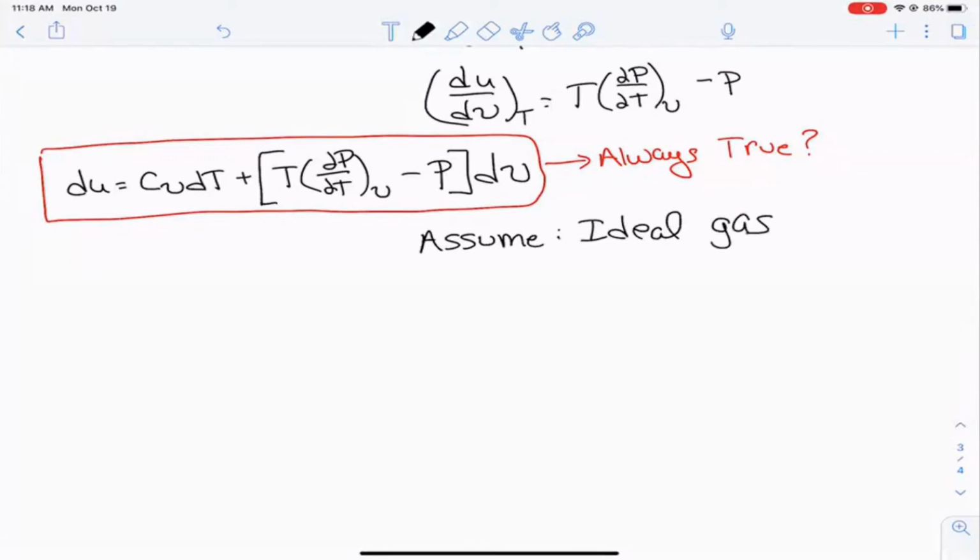If we're trying to understand how the internal energy changes with temperature and volume for an ideal gas, that means dU is C_V dT plus T times (dP/dT) at constant V, times dV, minus P dV. For any gas, this derivative, (dP/dT) at constant V, is where we're going to include our equation of state.